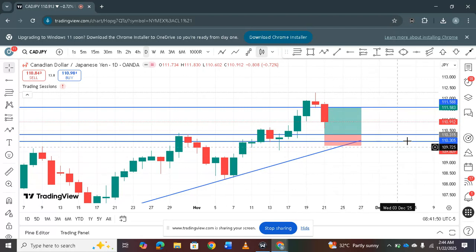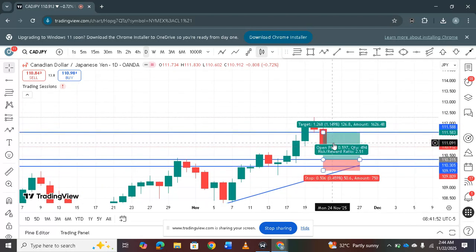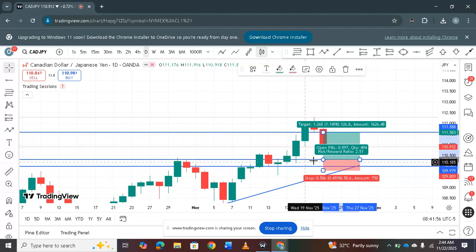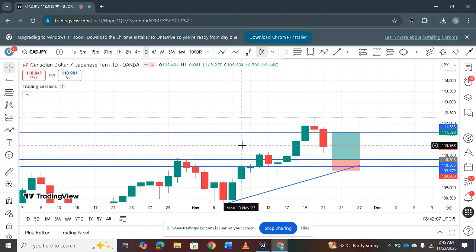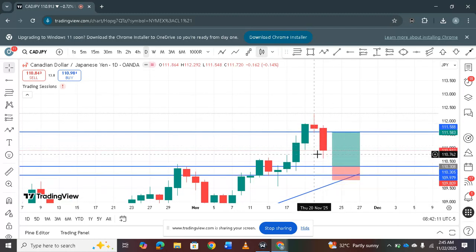So I want to see price trade back into this area, and it's simple. This is what we'll be targeting for now, and let's see how it reacts to this zone going into next week.